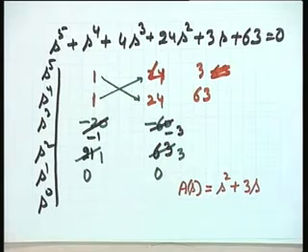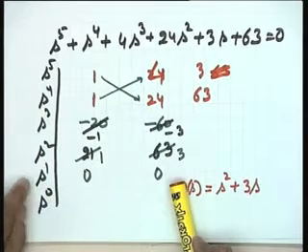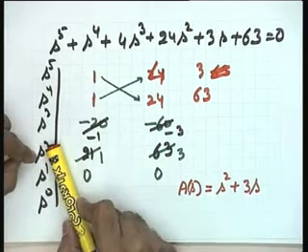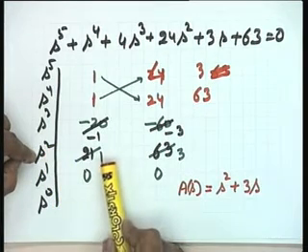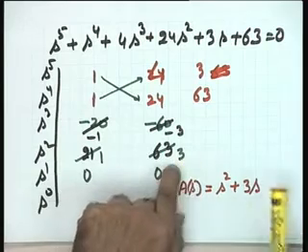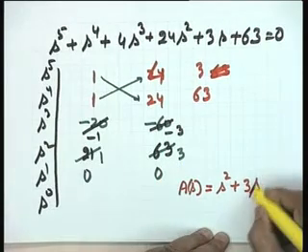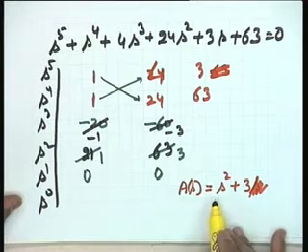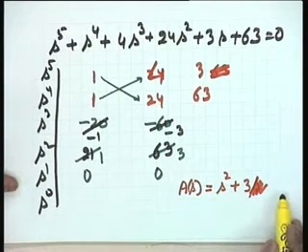Please see how I get this. This is an all 0 row, I go to the row one row above, the coefficient of this is s2. So, this coefficient will be tied to s2 and the next coefficient will be tied to s0, and therefore, the auxiliary polynomial becomes s squared plus 3.